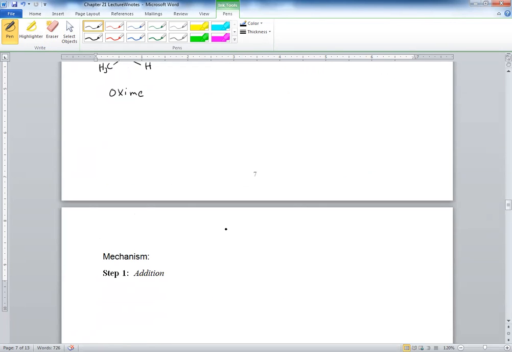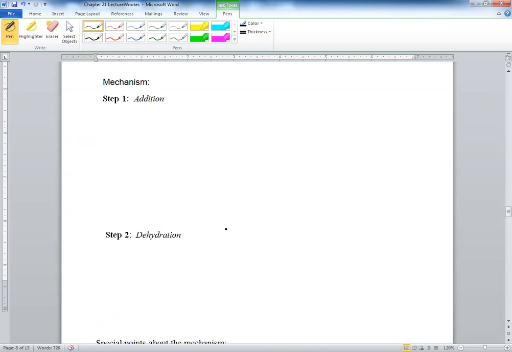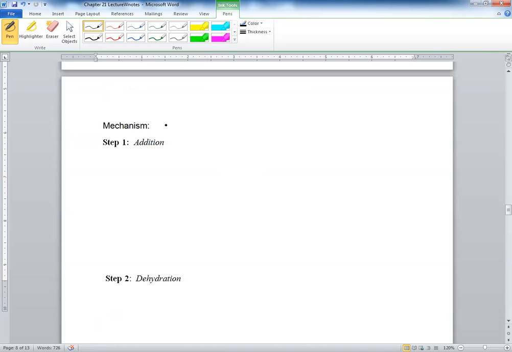So the mechanism involves two steps. The first step is addition, and the second step is dehydration. So we'll talk about this more in depth. Now, in terms of the mechanism, we're going to look at the acid catalyzed one.